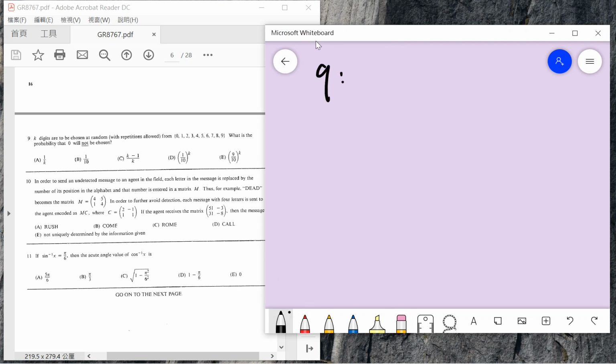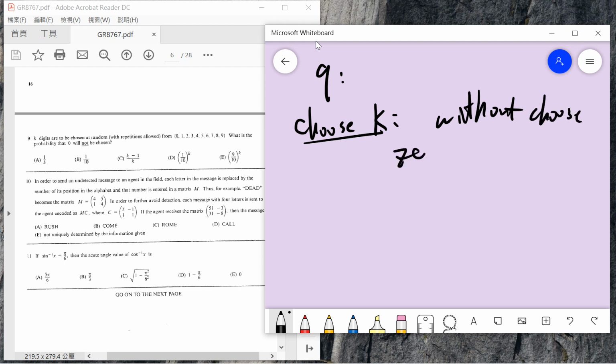K digits are to be chosen and written. What is the probability that 0 will not be chosen? We choose K, without choosing 0. So basically it's 1 minus, let me see.